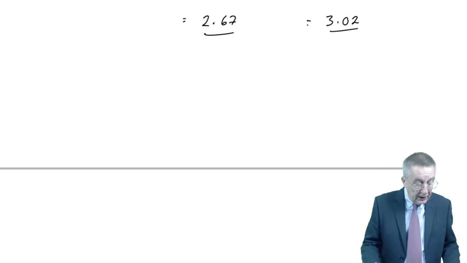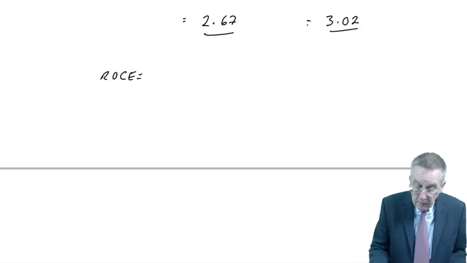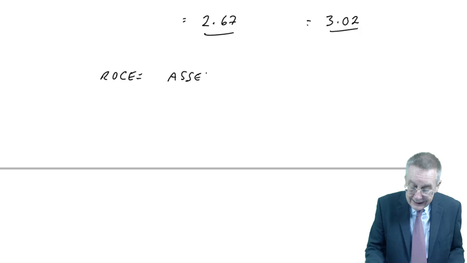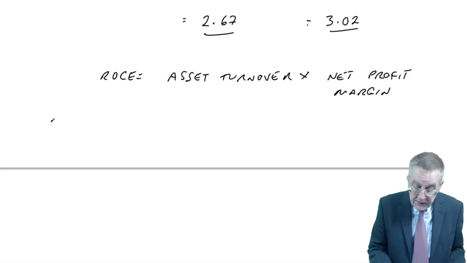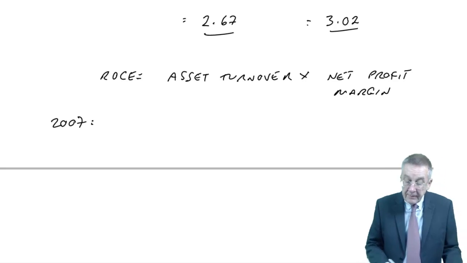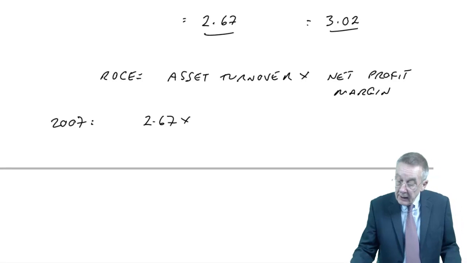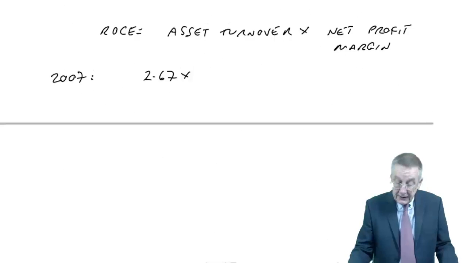And so, quite importantly, and it's written down below, the return on capital does equal the asset turnover times the net profit margin. And just check here, you see in 2007, asset turnover was 2.67. The net profit margin, where was it? Was 11%.